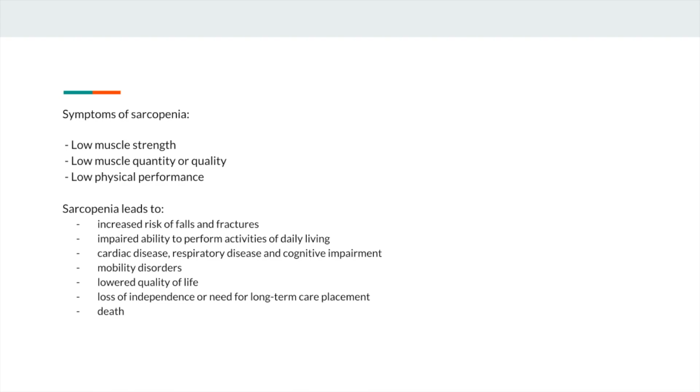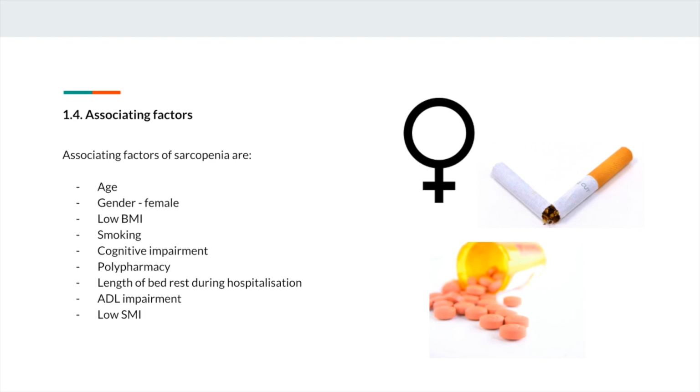Sarcopenia leads to increased risk of falls and fractures, impaired ability to perform activities of daily living, cardiac disease, respiratory disease, and cognitive impairment, mobility disorders, lower quality of life, loss of independence or need for long-term care placement, and death.